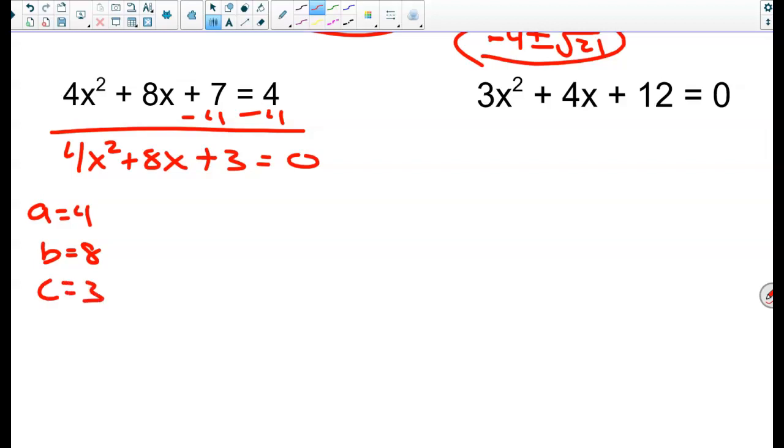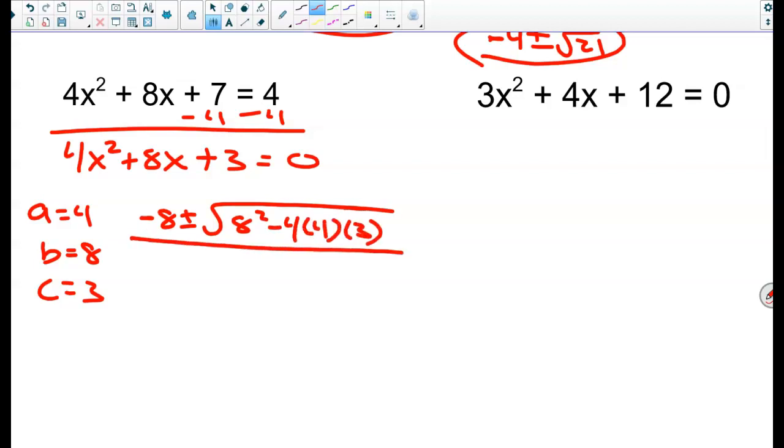But you're not at A, B, and C until your trinomial is equal to 0. So now, negative 8 plus or minus the square root of 8 squared minus 4 times 4 times 3 over 2 times 4. And keep in mind, I'm literally just plugging numbers in.